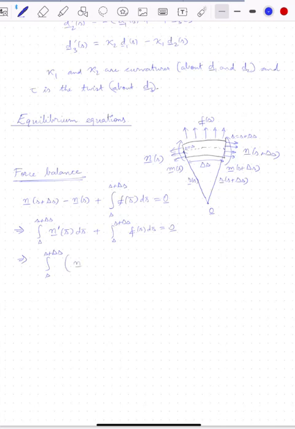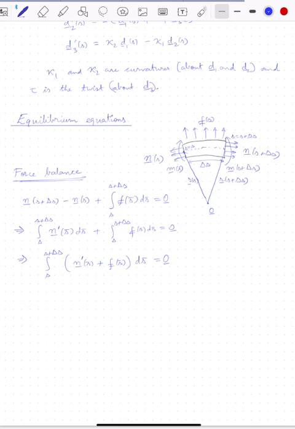Finally, we can add them up and bring it into a single integrand. All that we have is n prime of S plus f vector of S. So we have this.